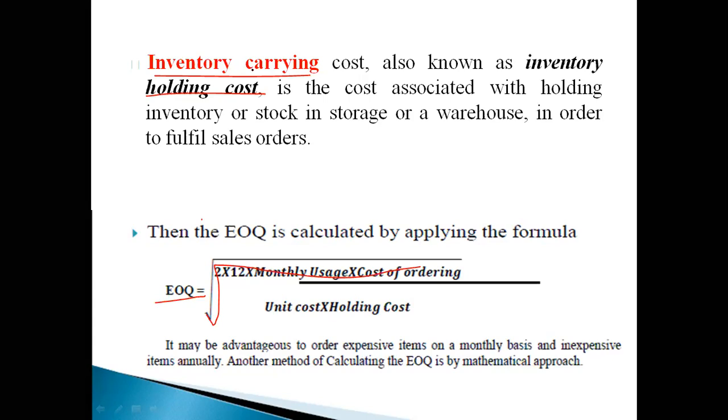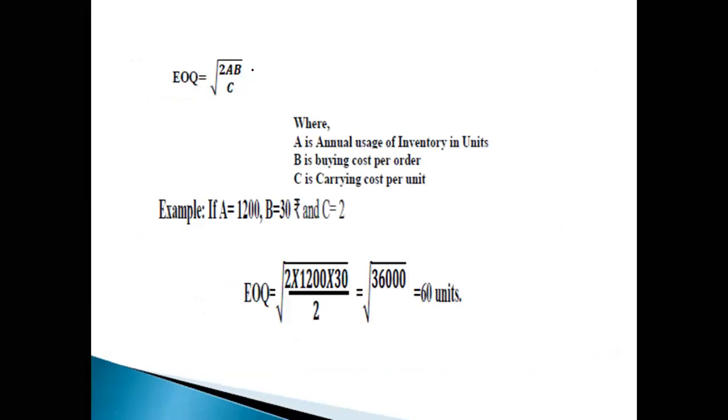Another method for calculating EOQ is by mathematical approach. That is EOQ, another formula for calculating on a mathematical basis. EOQ is equal to the square root of 2AB divided by C. Here A is the annual usage of inventory in units, whereas B is the buying cost per order and C is the carrying cost or holding cost per unit. Here is one example I have produced.